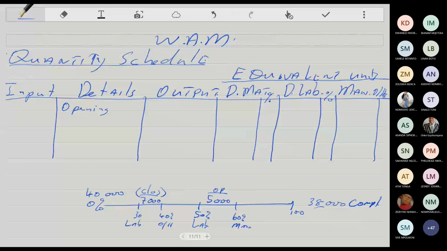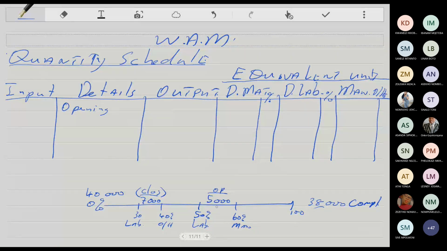Now the question here is, how many units do we have in closing? That's what the question didn't show us, so we work that out on our own. How did we work out the 7,000? We first look at the units that we have in our pipeline.